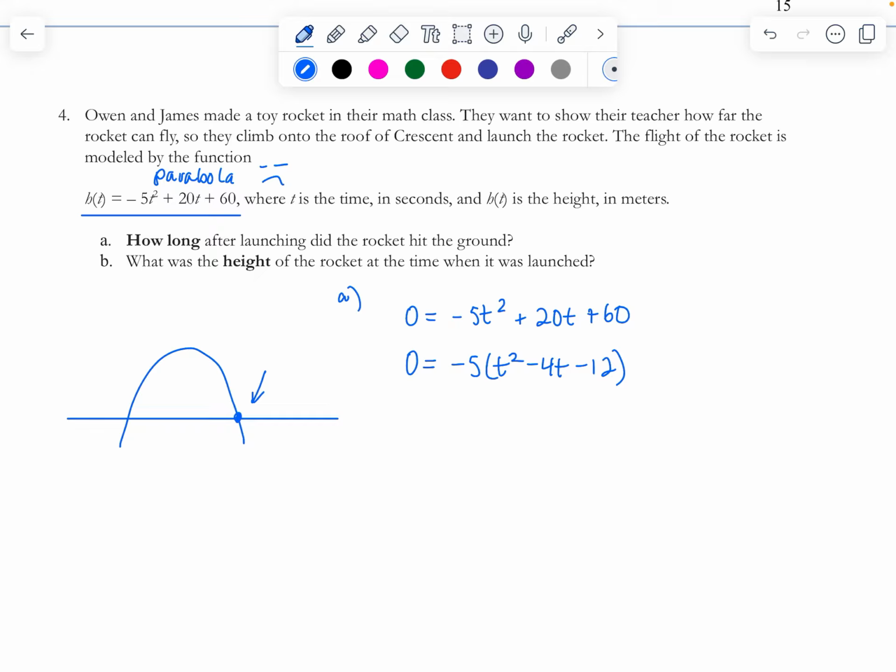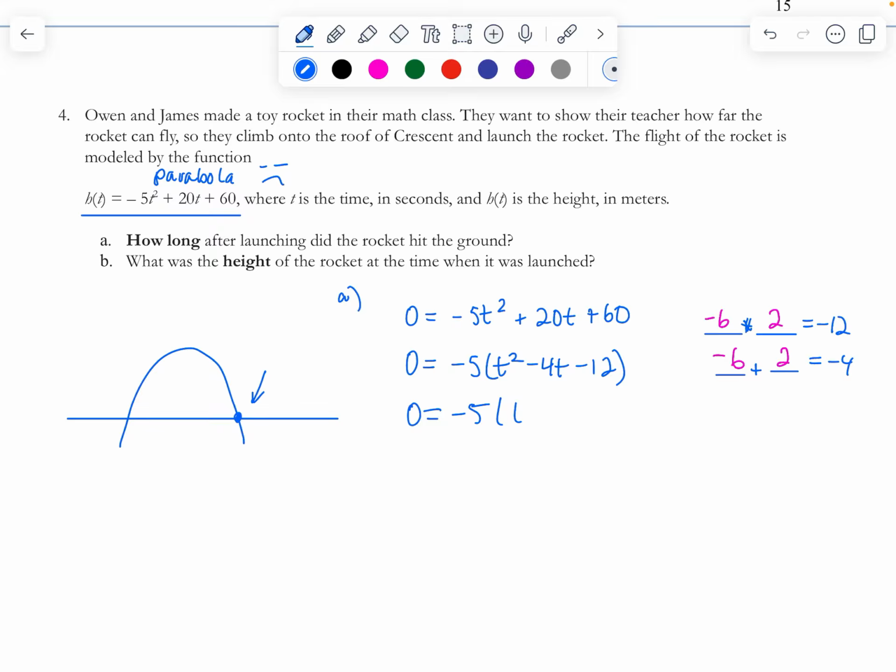I believe this is factorable. I need two numbers that multiply to negative 12 that add to negative 4, and those are negative 6 and 2.